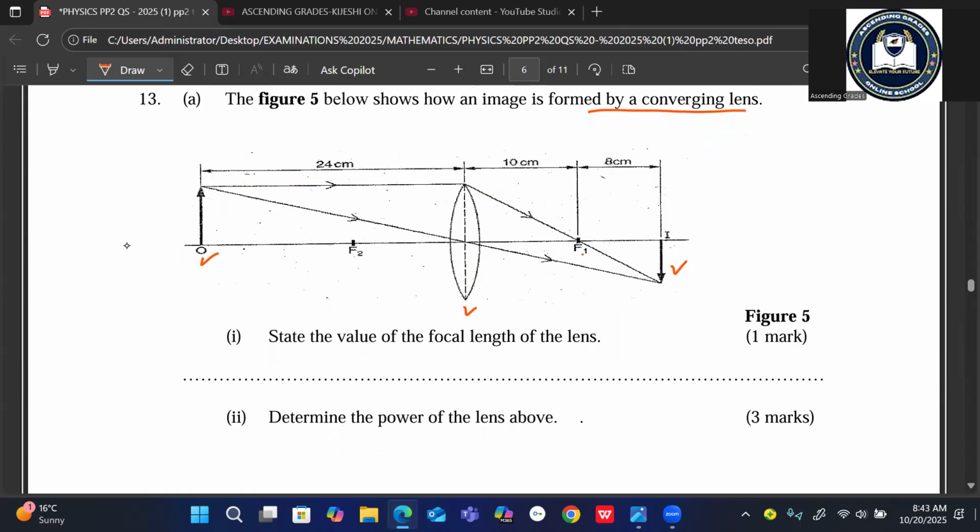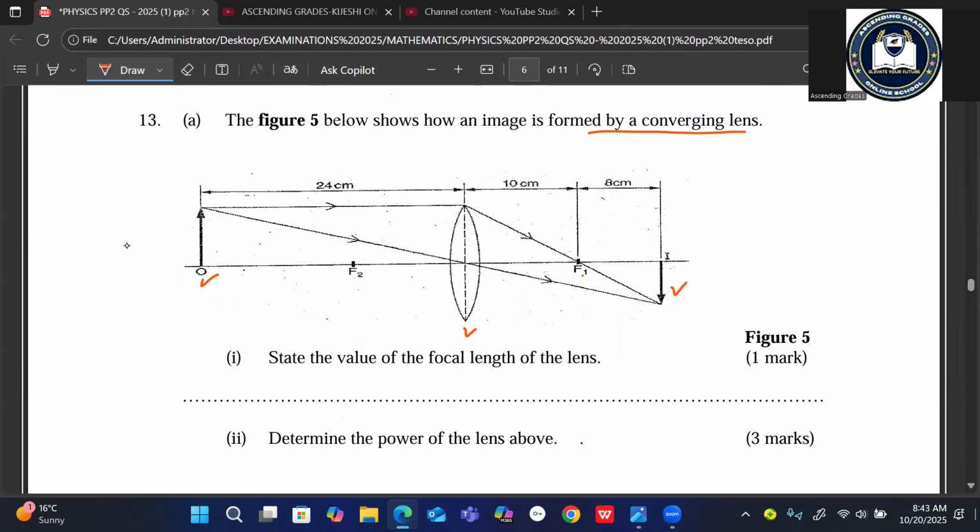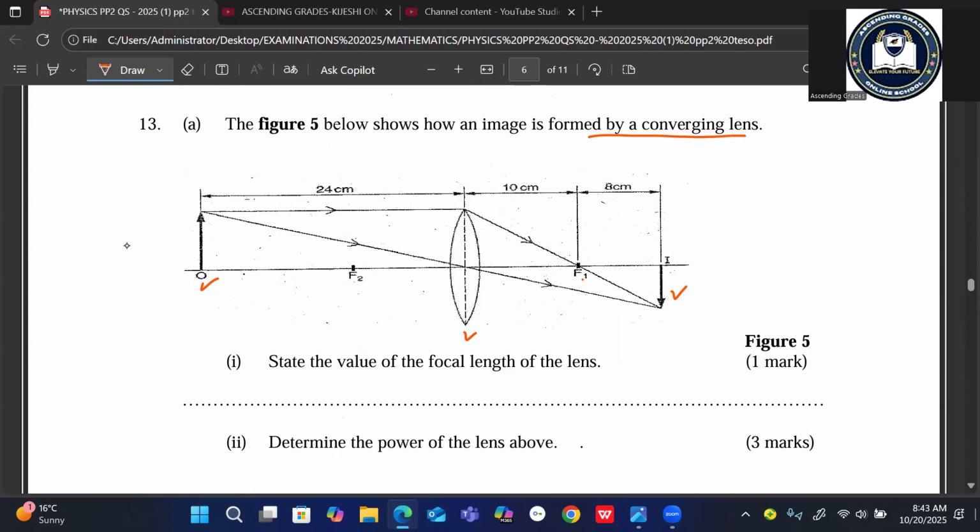Then you are told to state the value of the focal length. You can see the distance from the optical center to F1 is 10 centimeters. So this becomes our focal length F. So our F is 10 centimeters.